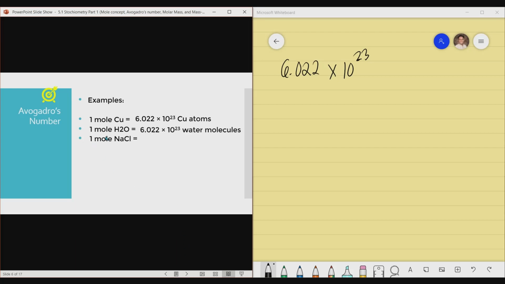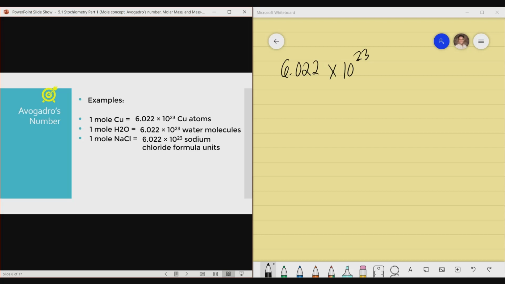Say for example, 1 mole of H2O is simply equal to 6.022 times 10 raised to 23 water molecules. And then 1 mole of sodium chloride is equal to 6.022 times 10 raised to 23 sodium chloride formula units.